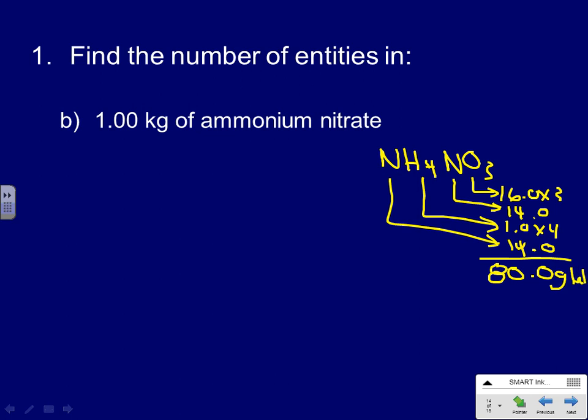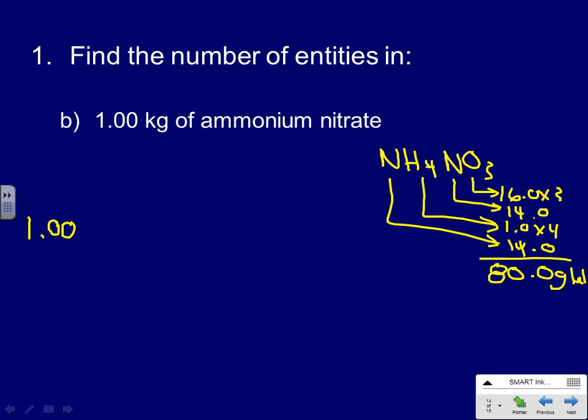Now, last time I left the kilo, and I ended up with kilomoles. If I leave the kilo here, what am I going to end up with? Kilo entities in the end. That's kind of silly. So what I would suggest doing here right off the bat is put 1.00, and let's get rid of that kilo, because I don't think kilo entities make sense.